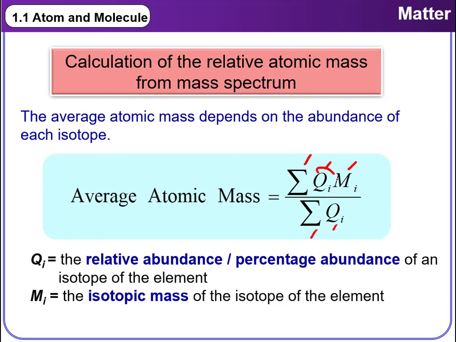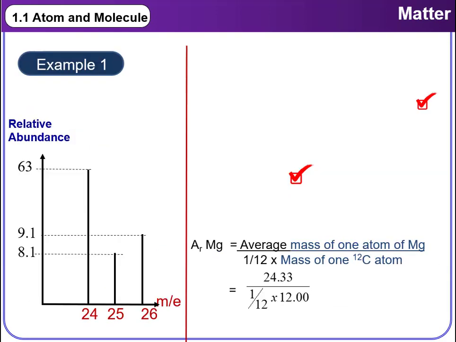What is Qi? Qi is the relative abundance or percent abundance. Some references will state relative abundance or percent abundance: berapa banyak dia melimpah of an isotope of the element. While M is the mass of the isotope. And what is i? i is of course the isotope.